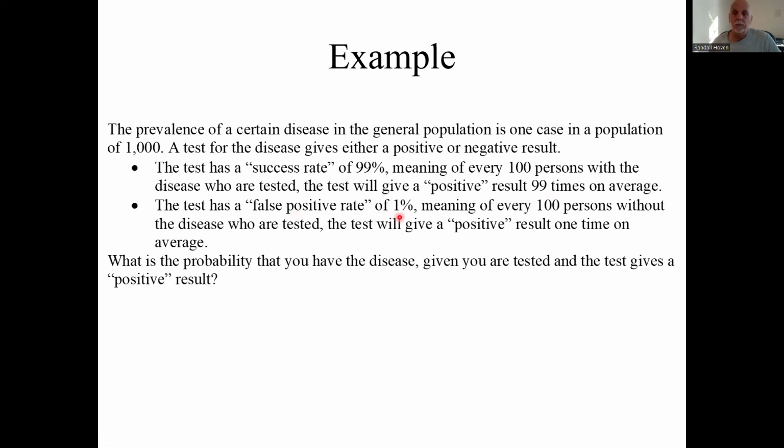It has a false positive rate of 1%, meaning of every 100 persons without the disease, one gets a positive test. That's what the 1% is. Okay, what's the probability you have the disease given you test positive?